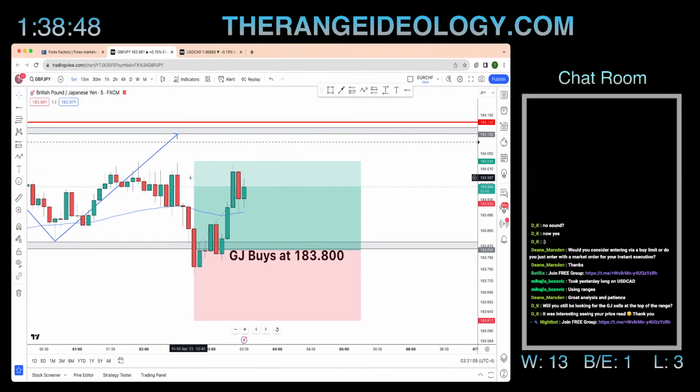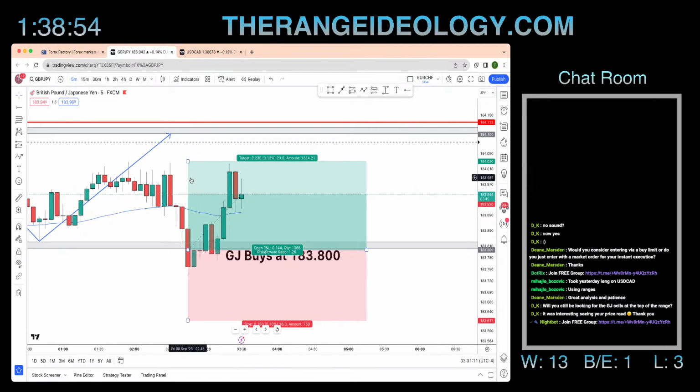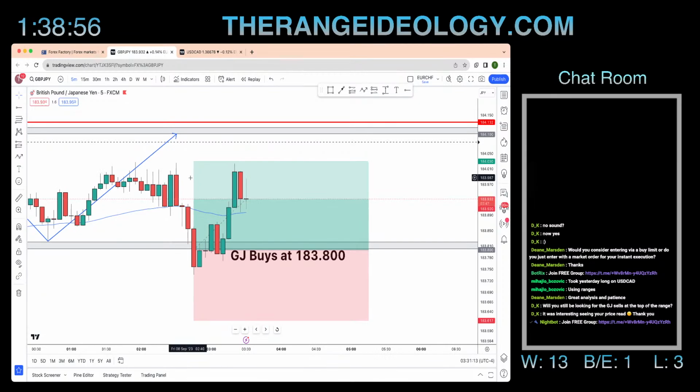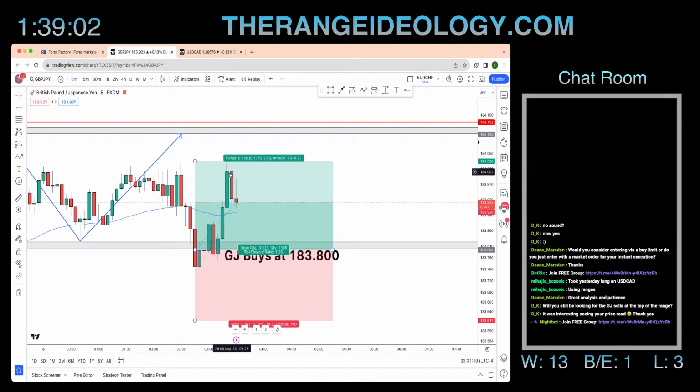But again, you have another chance to close out, right? So that's 1, 2, 3 chances now to close out 20 pips above. Right, not too bad, guys.